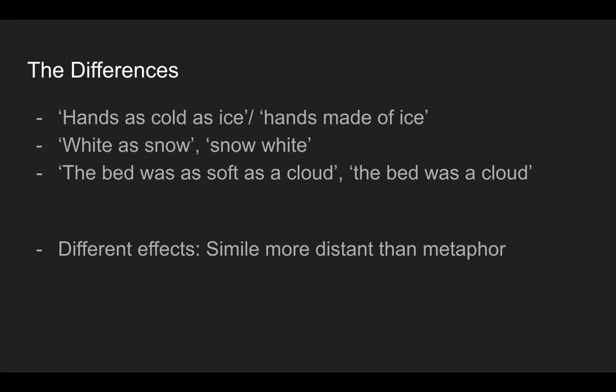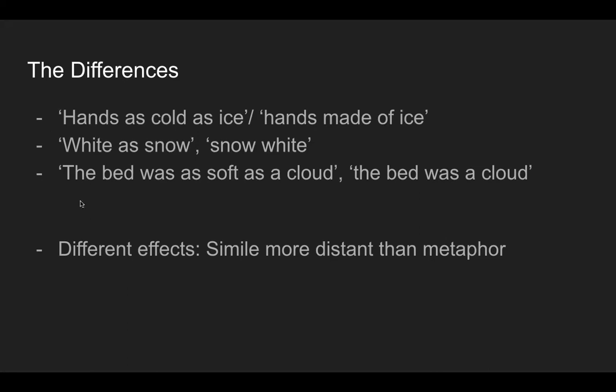Now, white as snow, again, really common use of language, and then snow white. Okay, so something being white as snow plays upon the color white, okay? But if something is snow white, I think it goes beyond just the color white, and maybe we start to think about why something might also be related to snow.